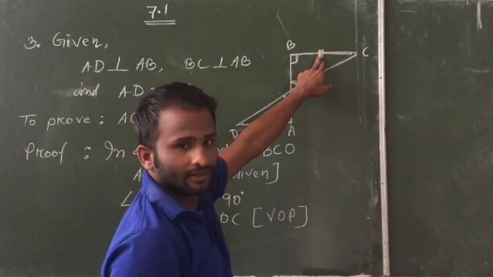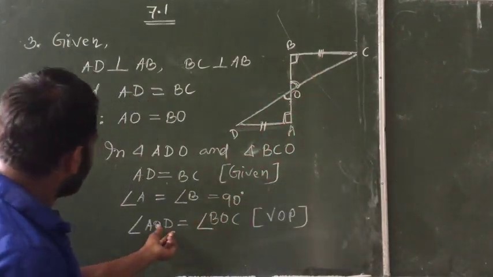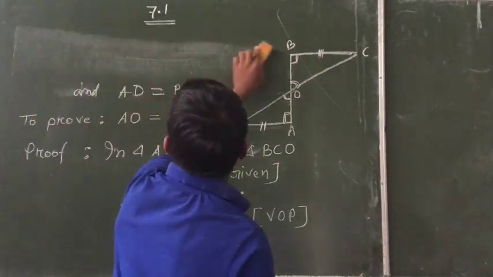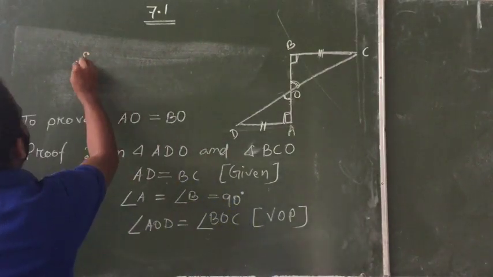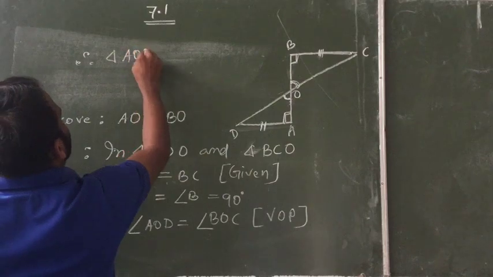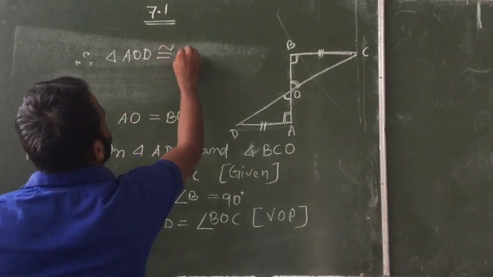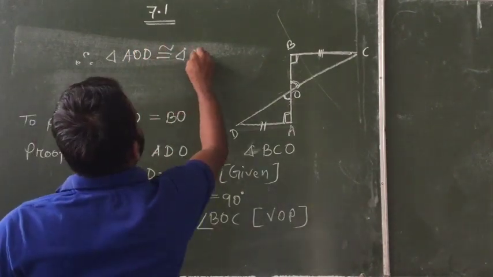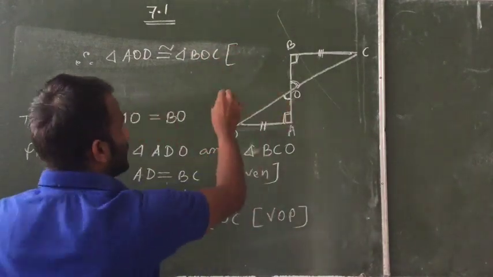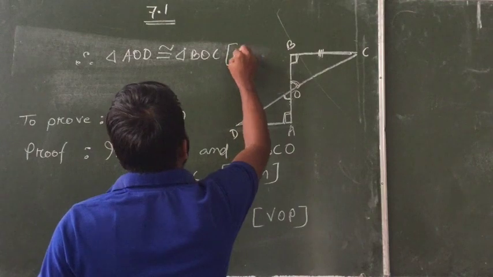This criteria is used here. By this criteria, these two triangles are congruent. Therefore, triangle ADO is congruent to triangle BCO by the criteria either SAA or AAS.